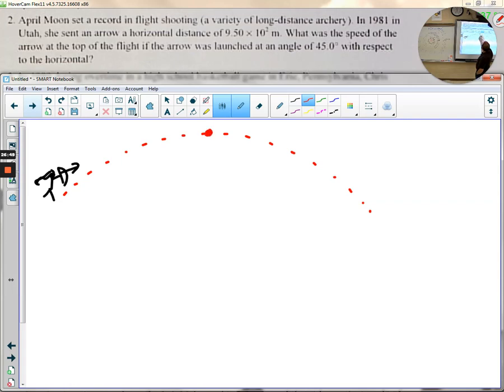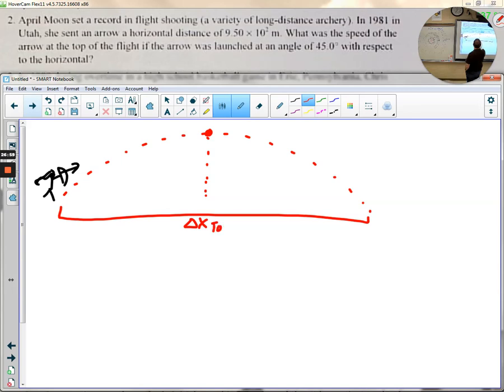We're going to have the apex right here, which is going to be halfway through. And we know that her total delta x was 950 meters. What they want to know is what's the speed of the arrow at the top of the flight if it was launched at 45 degrees with respect to horizontal.